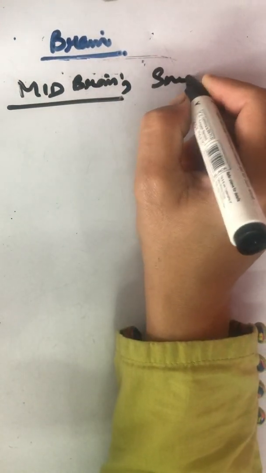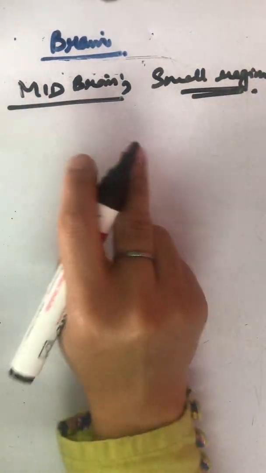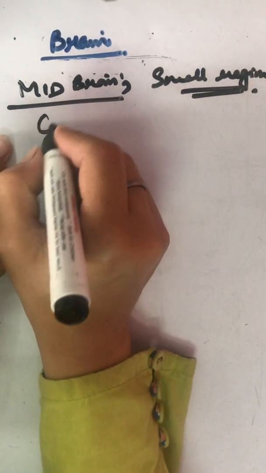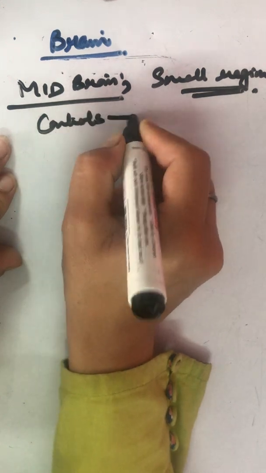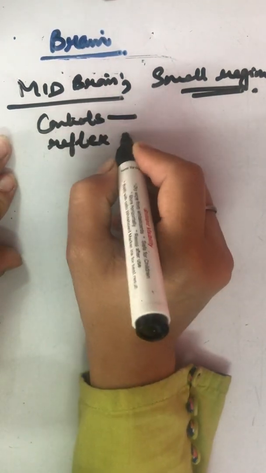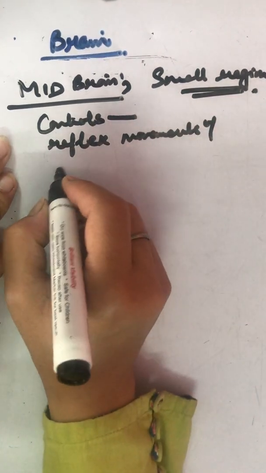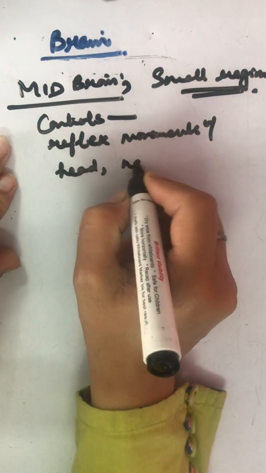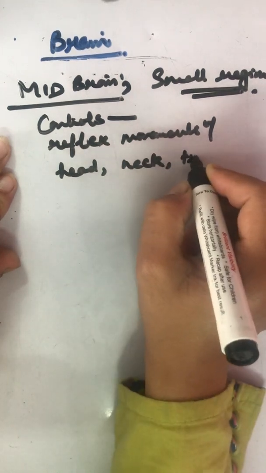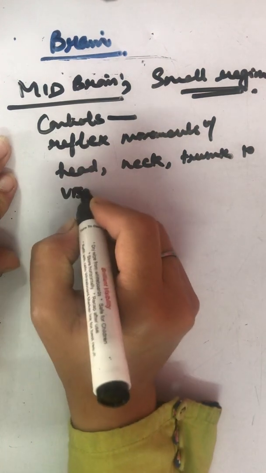It is a significantly small region that we have observed. Here it controls reflex movements of, number 1, head, neck, trunk, to visual and auditory reception.